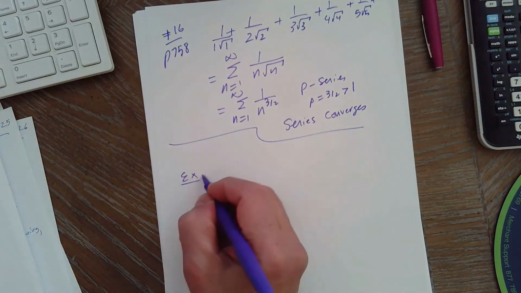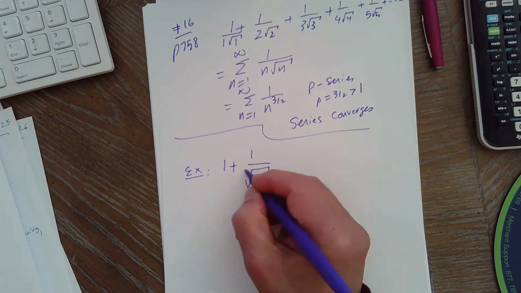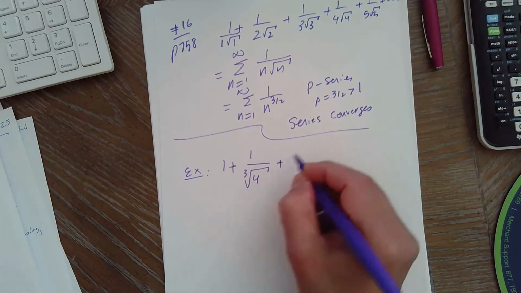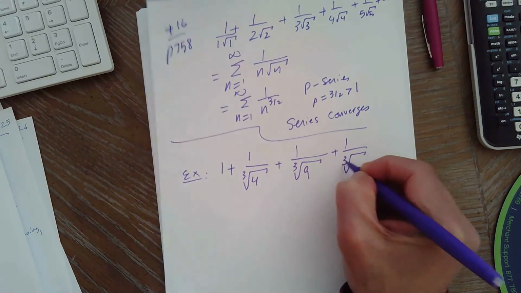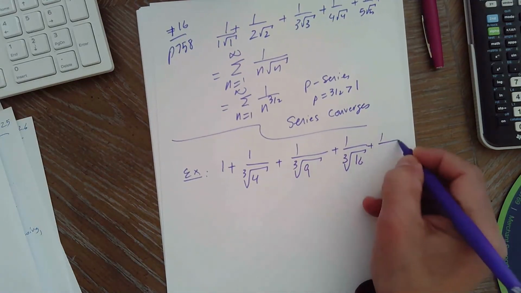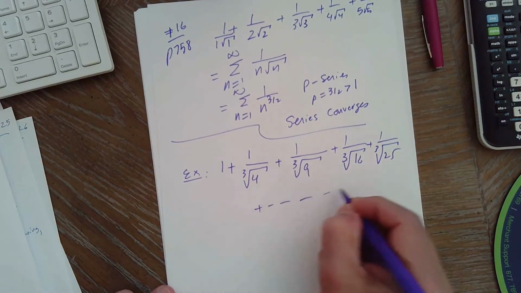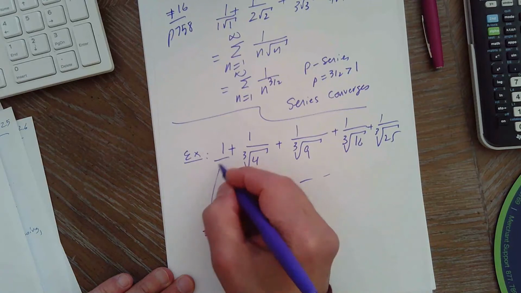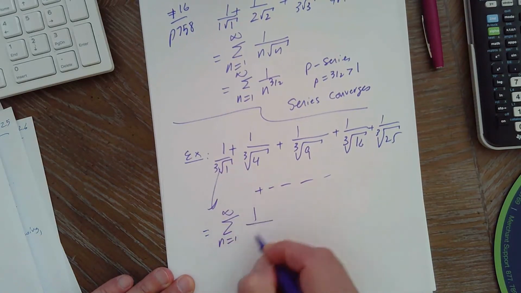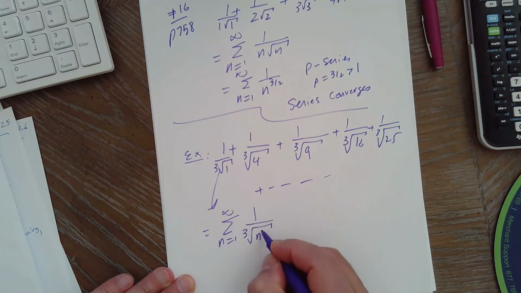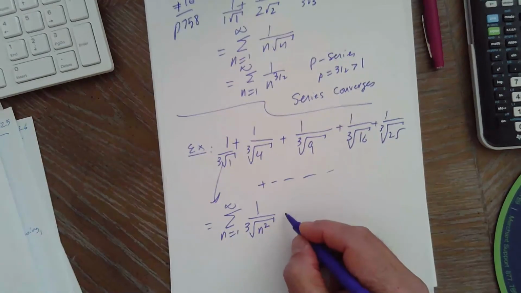Here's another example. What if I have 1 plus 1 over cube root of 4 plus 1 over cube root of 9, 1 over cube root of 16, 1 over cube root of 25 plus... So we can write this: cube root of 1, which is 1, so we can write this as the sum from n equals 1 to infinity of 1 over cube root of n squared, right? 1 squared, 2 squared, 3 squared, 4 squared, 5 squared.